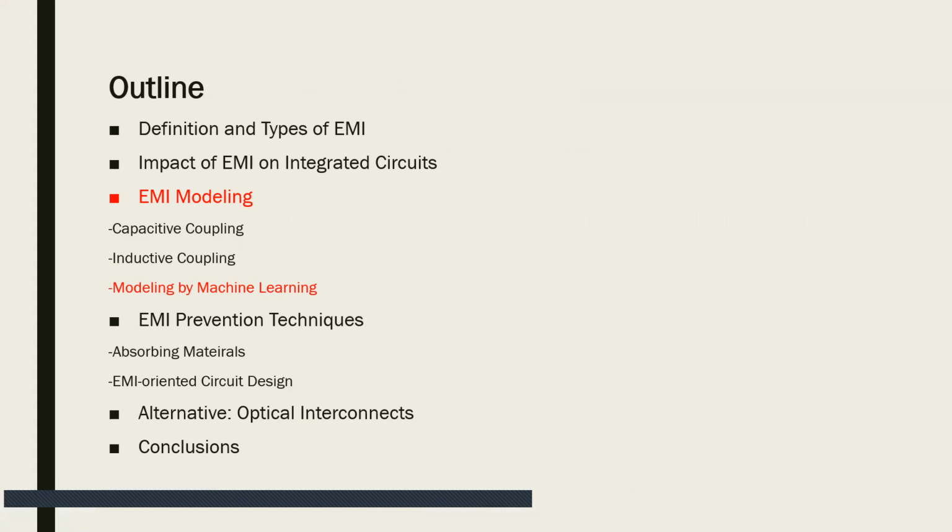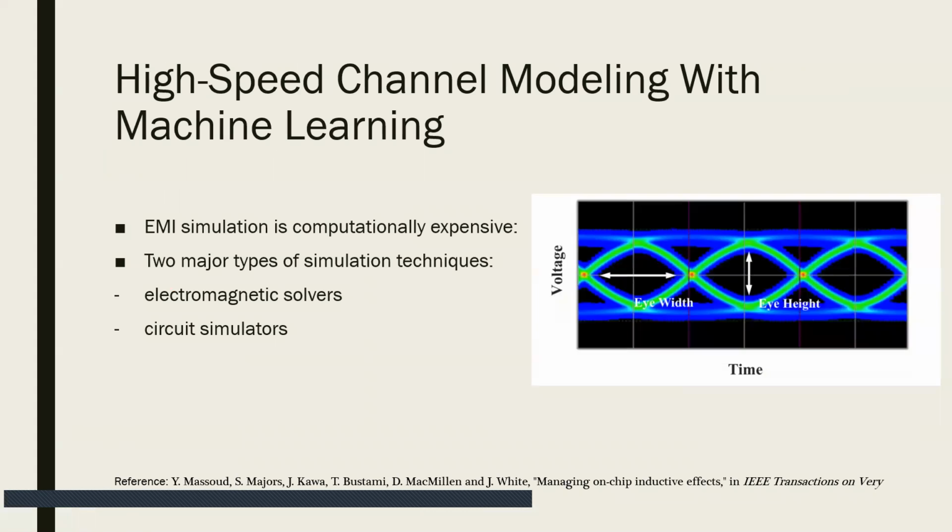Next, I will talk about another piece of literature that offers a new machine learning based modeling technique for signal integrity. The idea is that EMI simulation is computationally expensive.